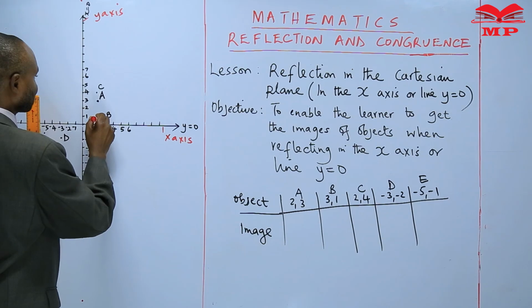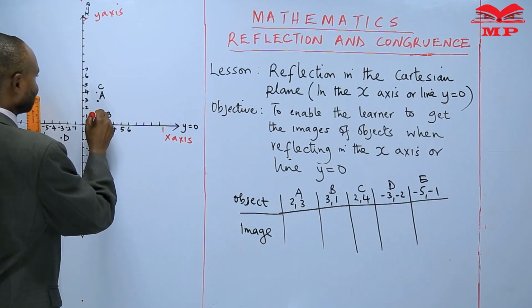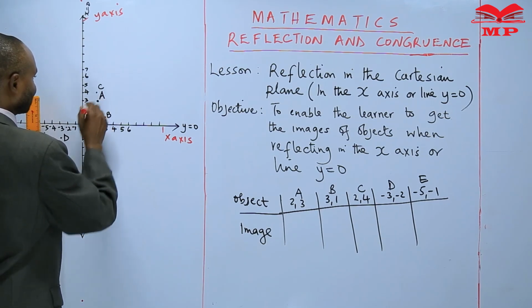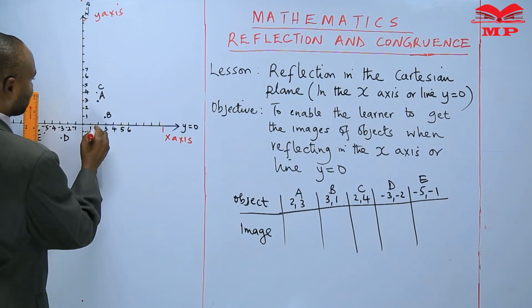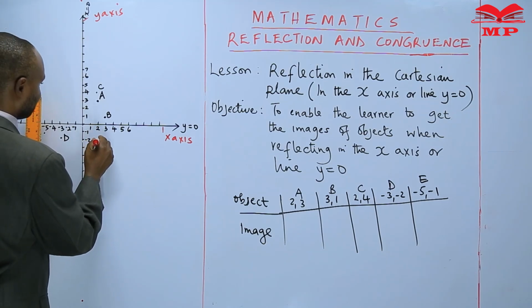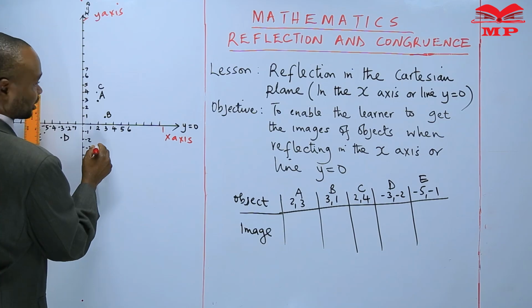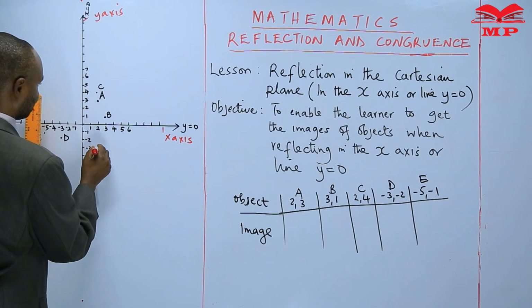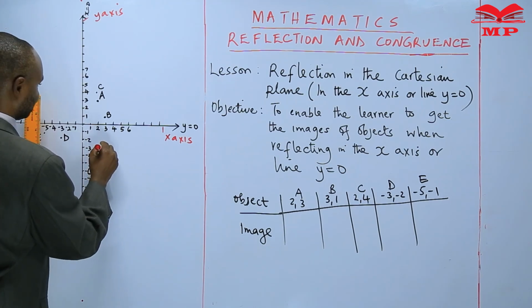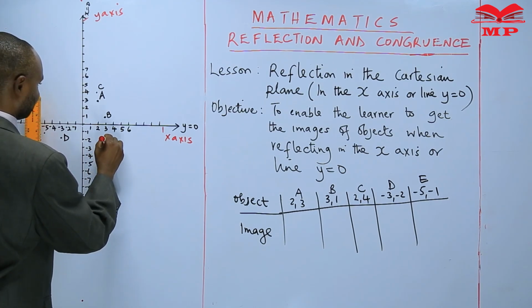Those are how many units? 1, 2, 3. We land at which point? We land at 2, -3. This is A prime.